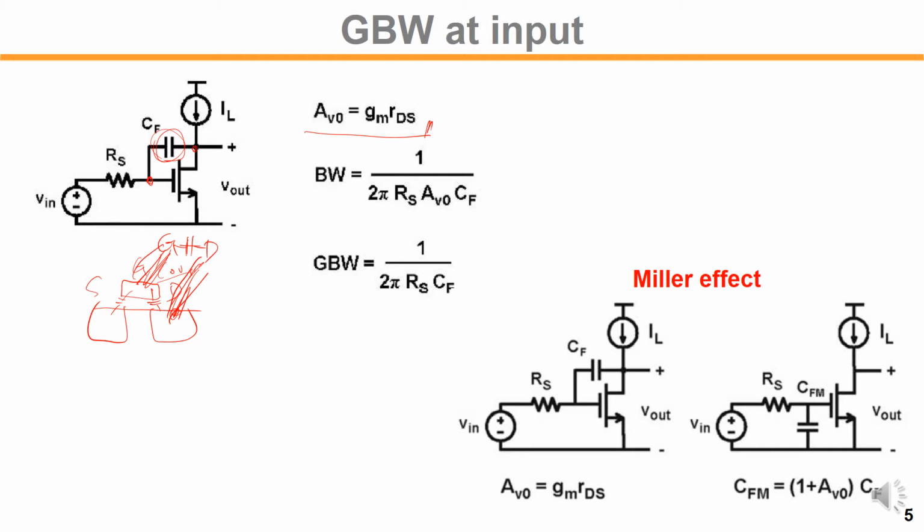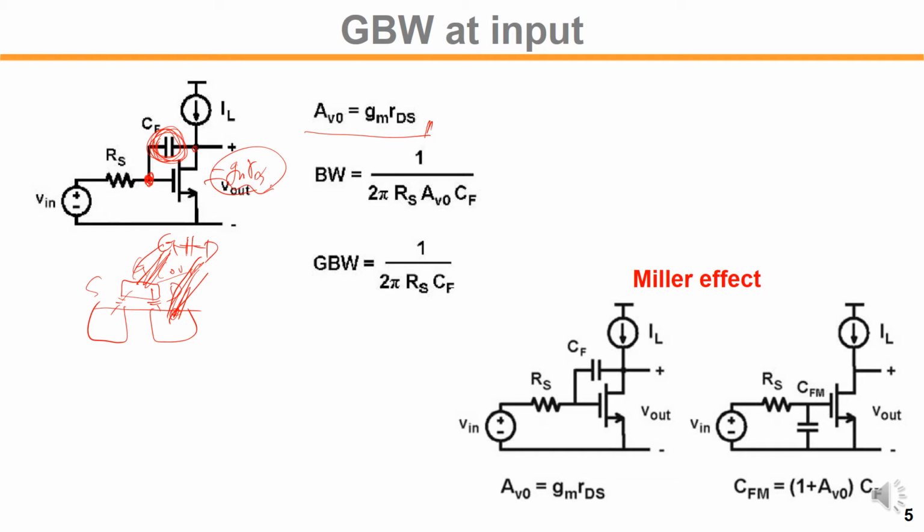For the capacitance, we have to find the equivalent capacitance. We know that this kind of capacitance is affected by the Miller effect. So we have a finite gain of minus GM RDS. So the capacitance is boosted by this GM RDS.